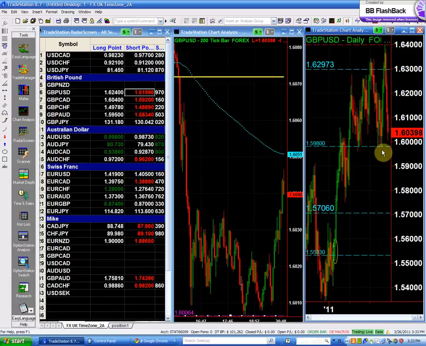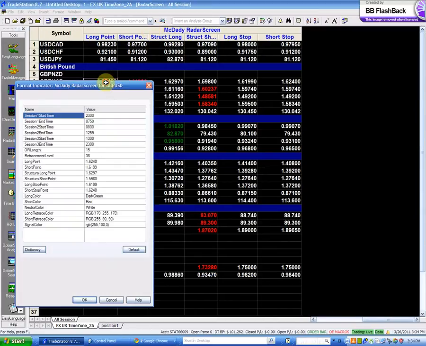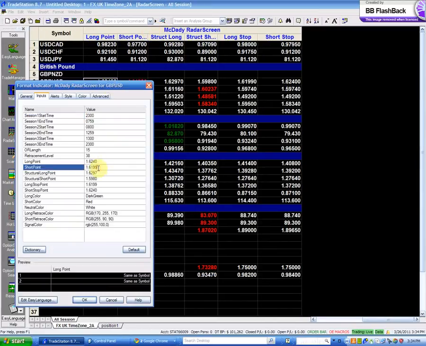And then your structure is only 25 pips away. So if you're aggressive, you can take the short below 160.06, and your structural short point is still the 159.80.